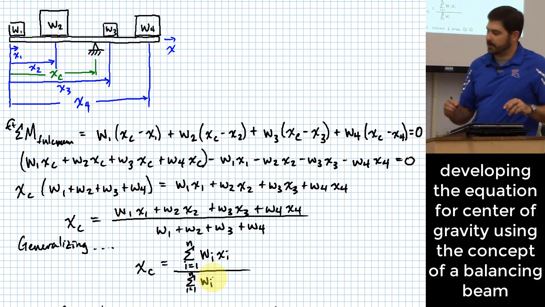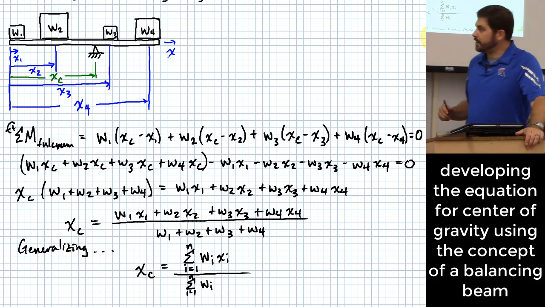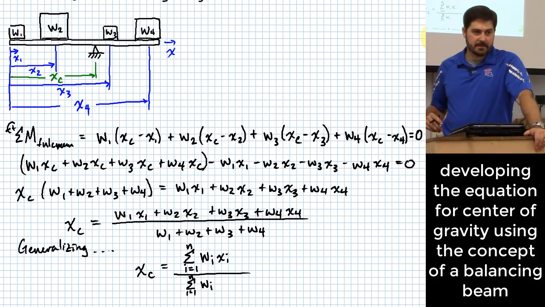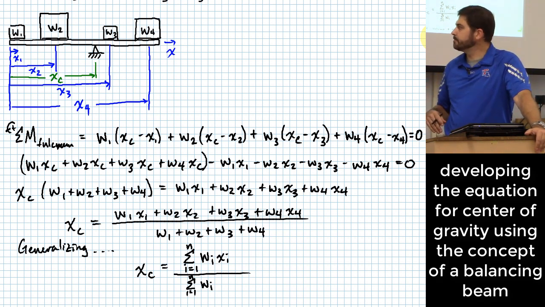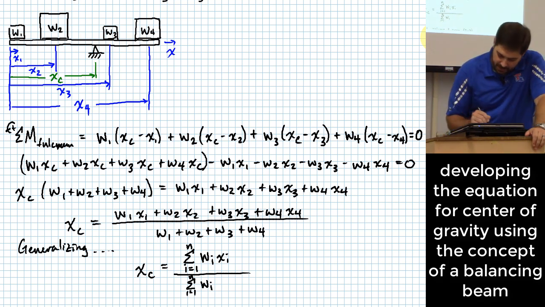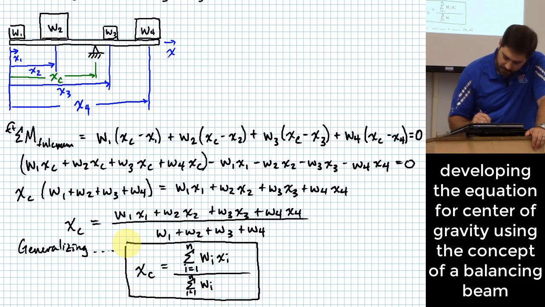Right? And the denominator of that little fraction really just gives me my total amount of weight. That's all I'm doing there, summing up my total amount of weight. All right? And this equation right here is the basis of basically everything else that we're going to do today.